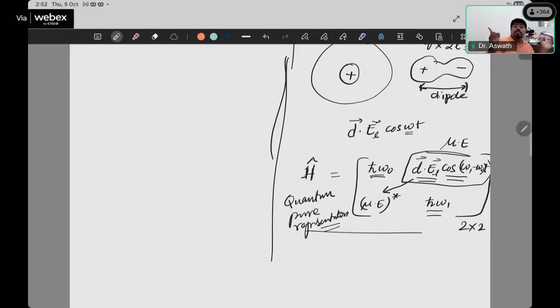For quantum, everything is quantized, but the electric field I am taking as varying, so a part of the classical thing is coming in. It's called semi-classical. Now the overall Hamiltonian representation is pure, using some classical parts, but the energies of the system are pure quantum. It can be here or there, quantized energy levels.